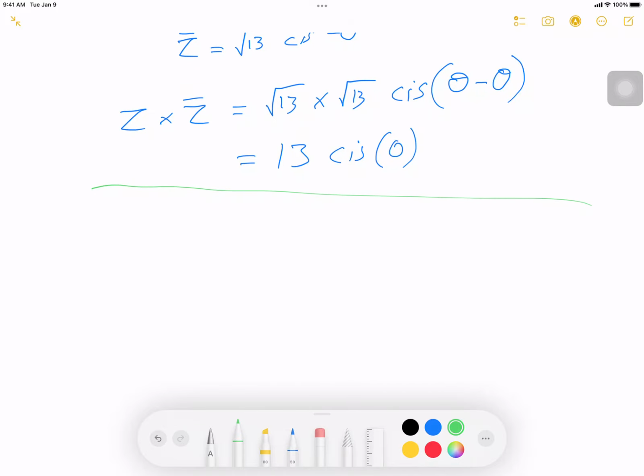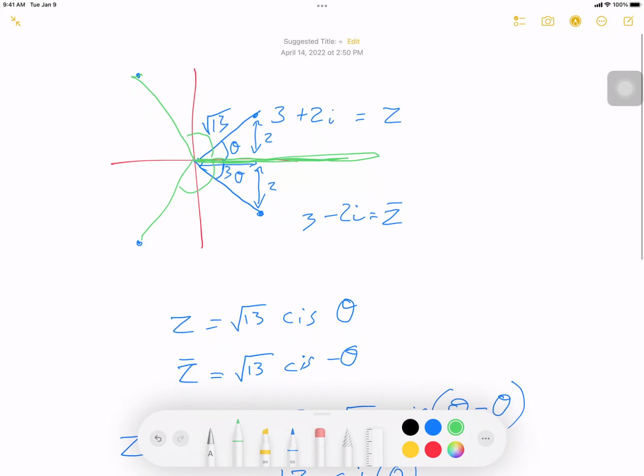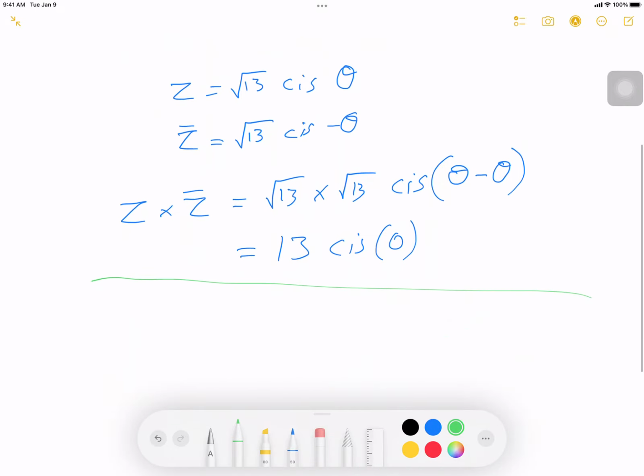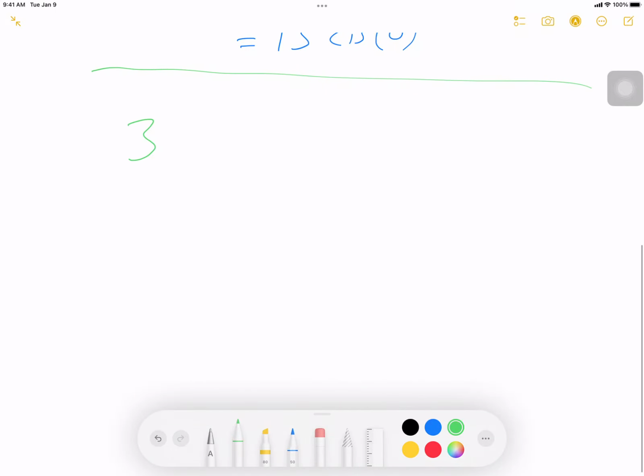We knew that from expanding as a FOIL. Remember doing this way back on video 1? Okay, it's really a lot easier to see why you will always get a positive real number, I think, when you look at it in polar form. So we're going to get 9 minus 6i plus 6i.